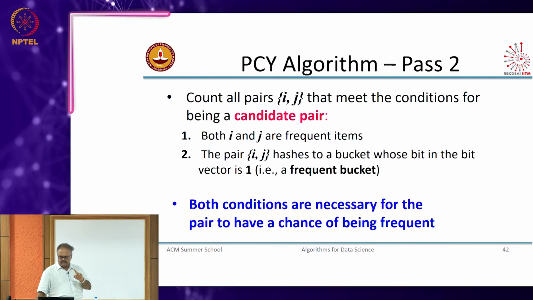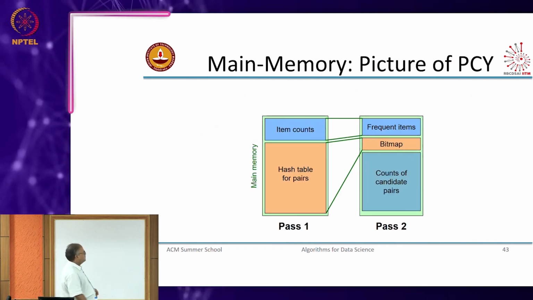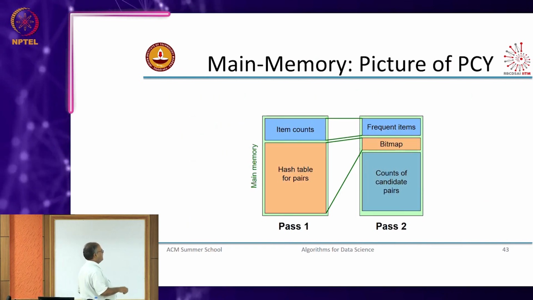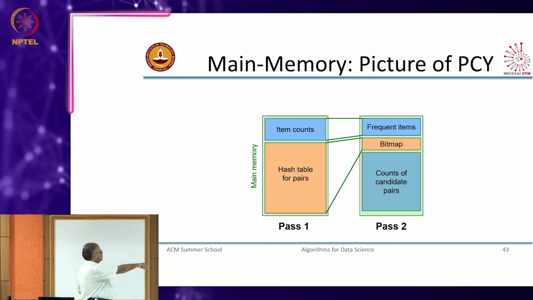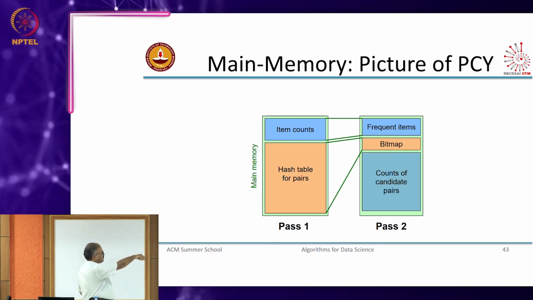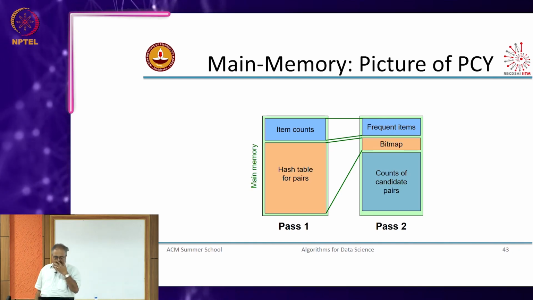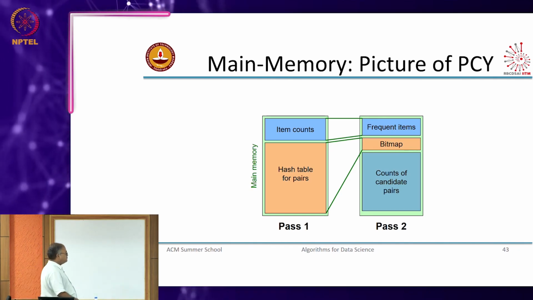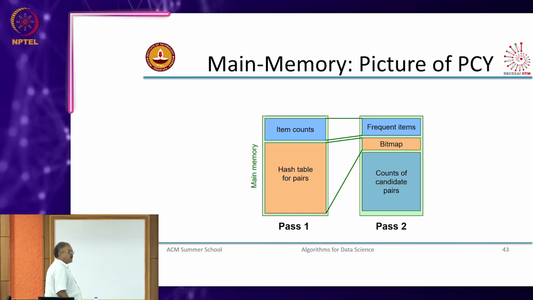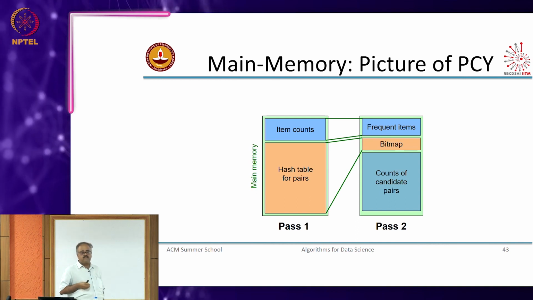So I am just going to skip ahead very quickly to show you this slide, and I will come back and talk about what we have to do. So this is pass 1, right. We did the item counts, and whatever space was left, we had this hash table. And then in pass 2, what do I need to do? I need to know which pairs of elements hash to a frequent bucket.